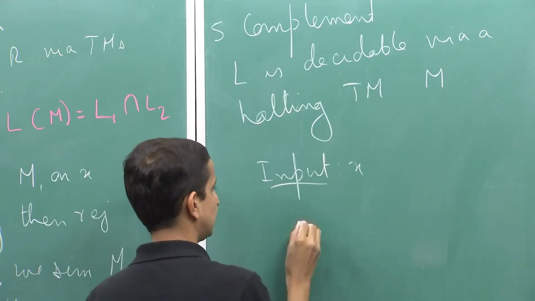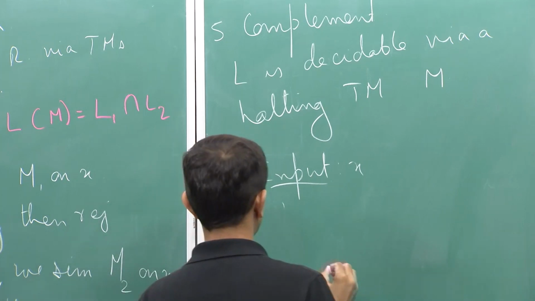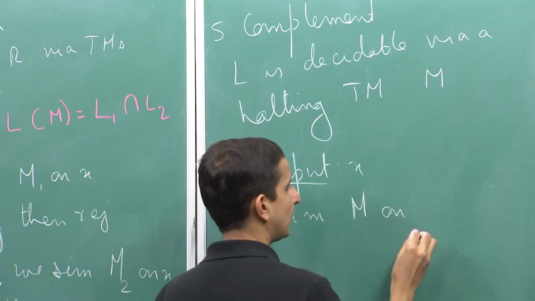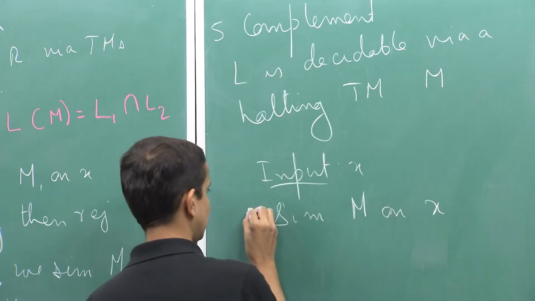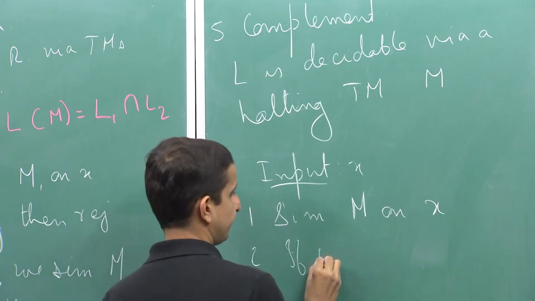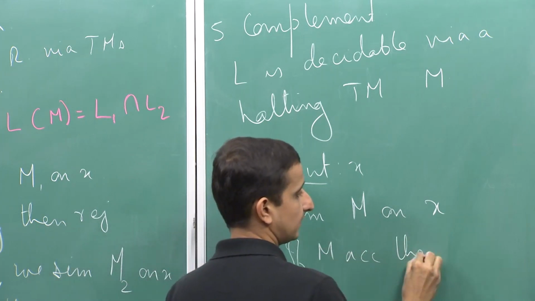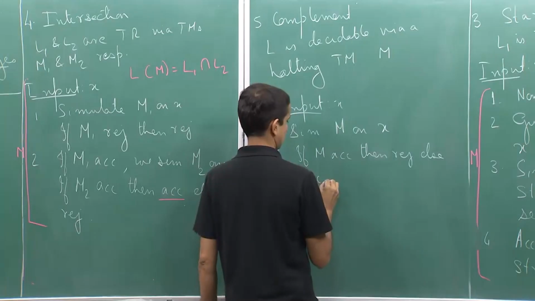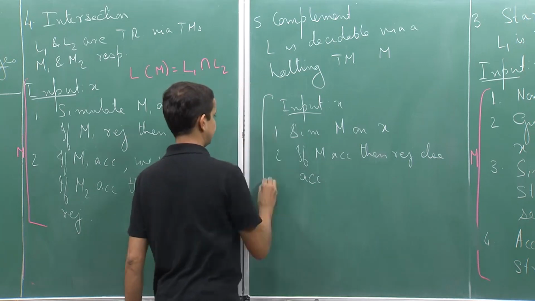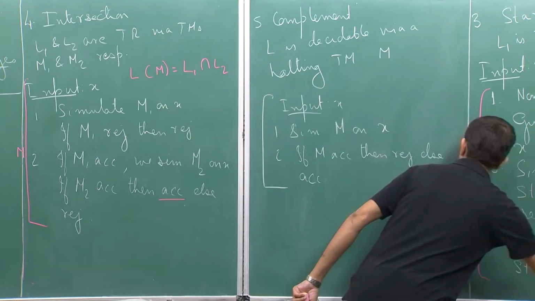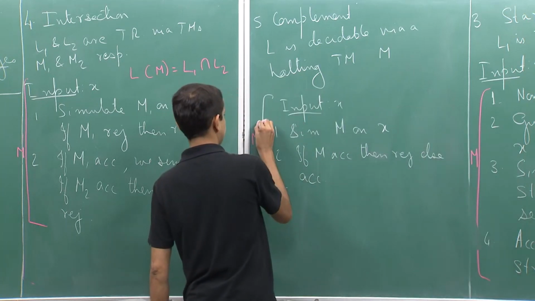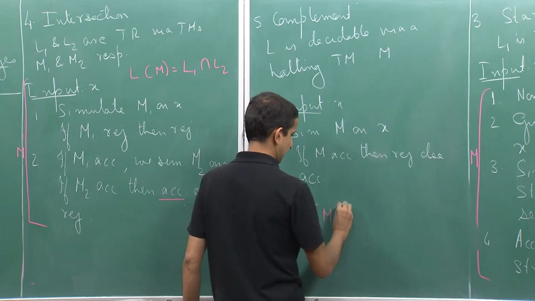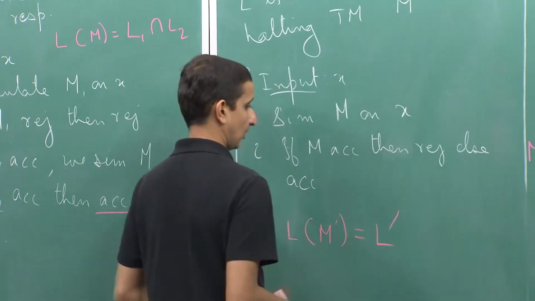Given input x, simulate M on x, if M accepts, then reject, else accept. Okay. So, let us give this machine a name, let us say M prime. So, what this implies is that the language of M prime is nothing but L complement.